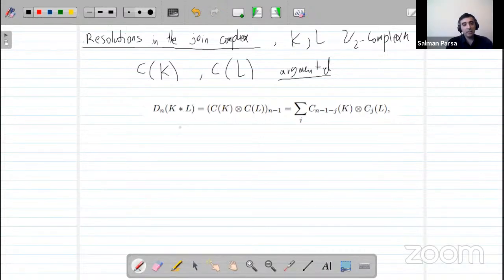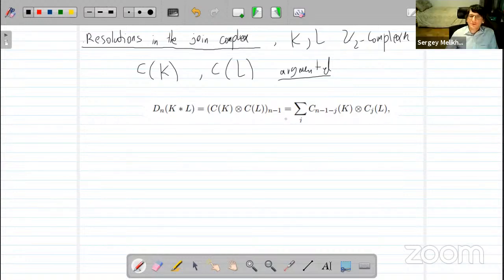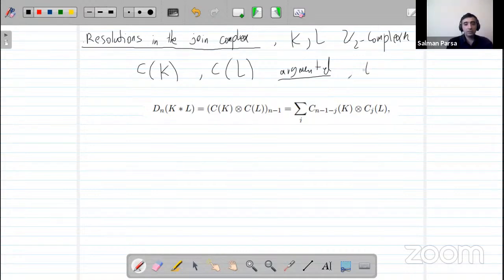And then there is a formula for the chain complexes of the join as a tensor product of the chain complexes of these factors. Augmented, you mean you add something in dimension -1? Yes, I denote that by the empty cell, and we also define this. And this is the only choice that actually works.